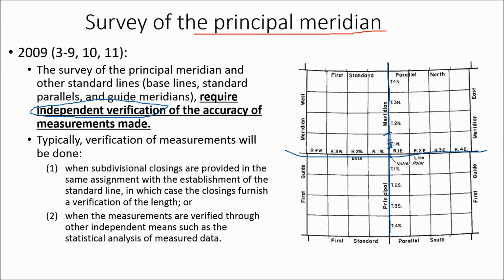What does it say here? Verification of the measurements will be done when subdivisional closing, so you are subdividing, or when you are requested by the government as a surveyor or as a federal surveyor to do the verification.